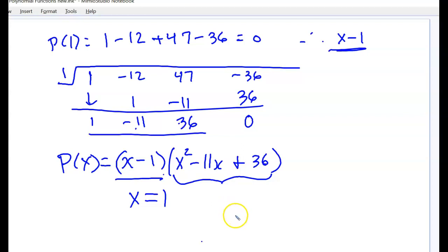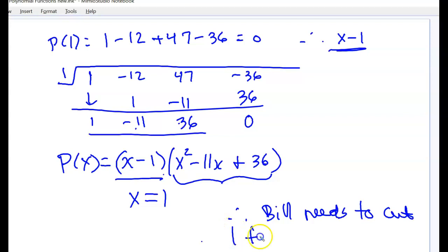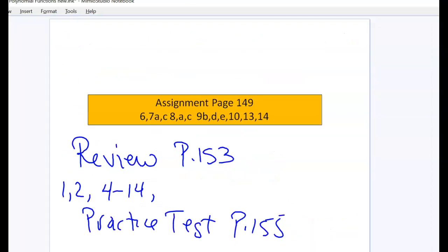So therefore, Bill needs to cut 1 foot off each dimension. Okay, so that was kind of a neat application question for polynomials.